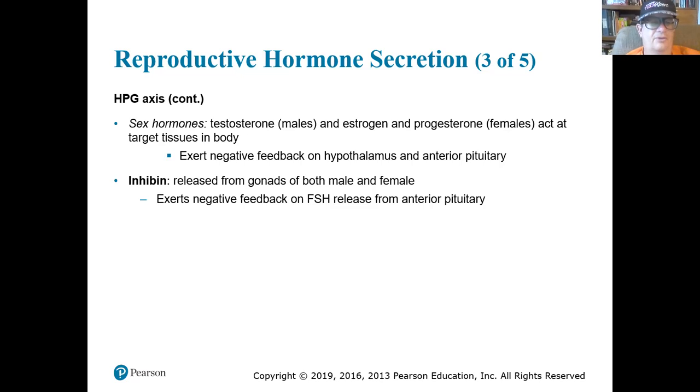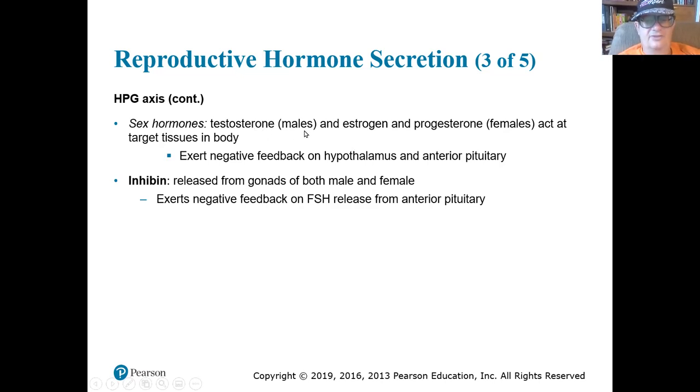The sex hormones, in males, we would use testosterone and estrogen. In females, we would use progesterone and estrogen, and in both cases, they exert negative feedback on the hypothalamus.